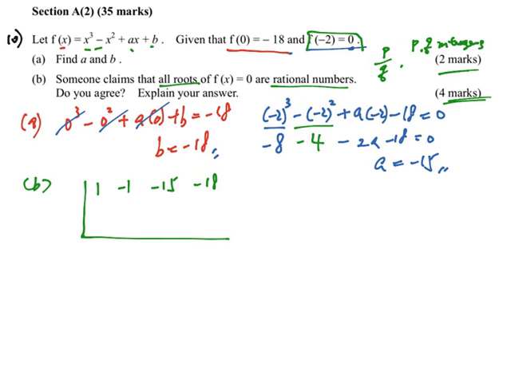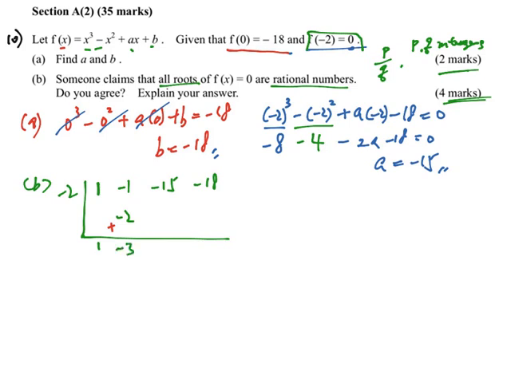So for part B, 1, negative 15, negative 18, we divide by negative 2. For short division, the first one we just copy, which is 1, then 1 times negative 2 is negative 2. Remember, for short division it is adding. So negative 1 plus negative 2 is negative 3.